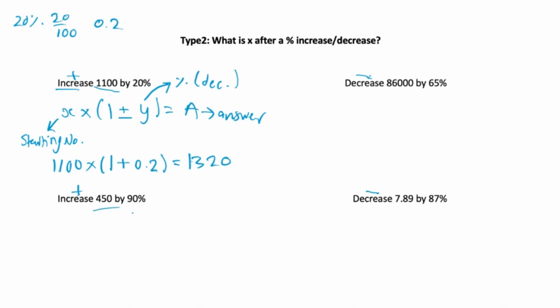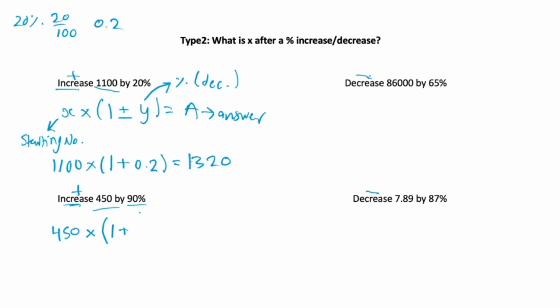Next question, same thing. Increase 450 by 90%. Use the same equation. So 450 is the starting number, and you multiply by the brackets, and inside the brackets it's 1 plus, since we're increasing this time, the percentage, Y. In this case it's 90%.